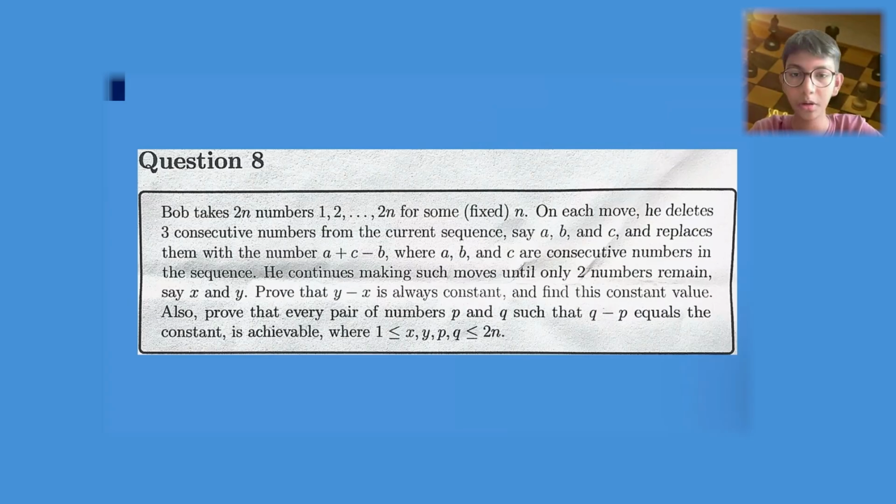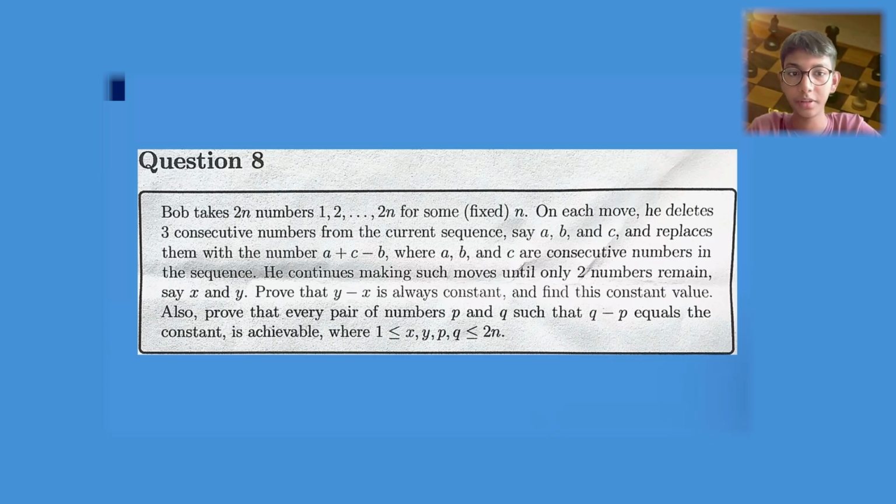Let's get started. Our problem states that Bob takes 2n numbers from 1 to 2n for some fixed n, and on each move he deletes 3 consecutive numbers in the sequence and replaces them by a plus c minus b if a, b, c are the numbers. And he continues making these moves until only 2 numbers remain, let's say x and y.